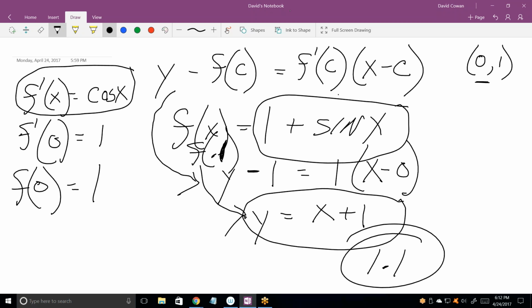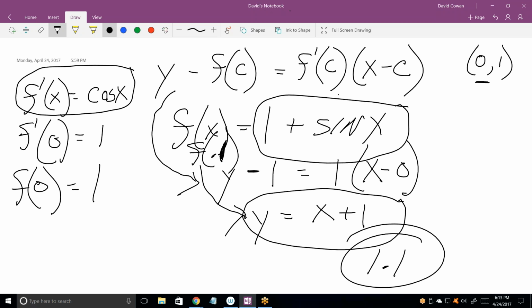And that ends up being a really good approximation as long as we're very close to 0. If we get real far away from 0, then it doesn't work very well. But that's what the linear approximation of a function is.